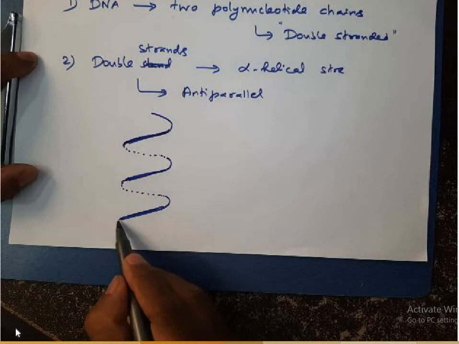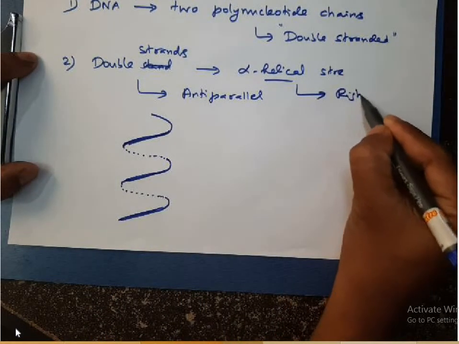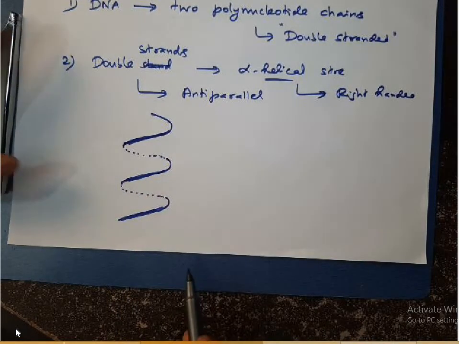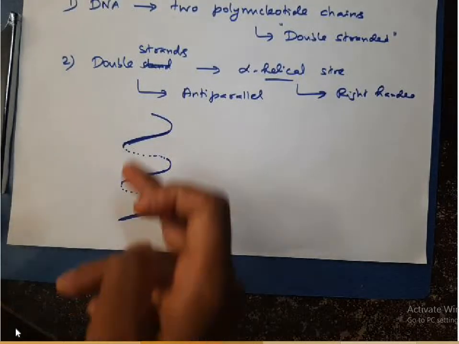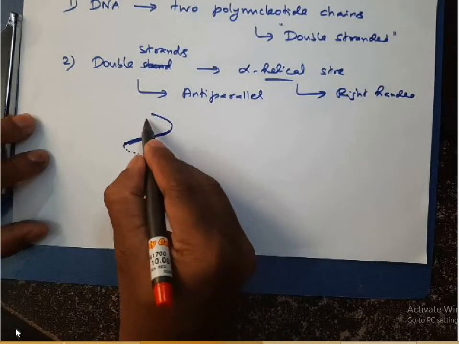This is a right-handed helix. Alpha helical means right-handed helix. So I have drawn it right-handed. Now let me draw another nucleic acid chain. This is one polynucleotide chain. I will draw another polynucleotide chain here.